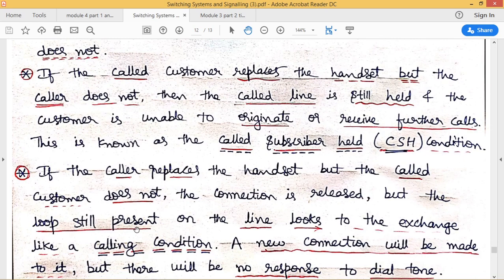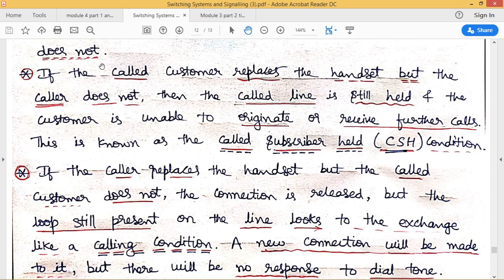Let us consider the first case. If the called customer replaces the handset but the caller does not go on hook, then the called line is still held.